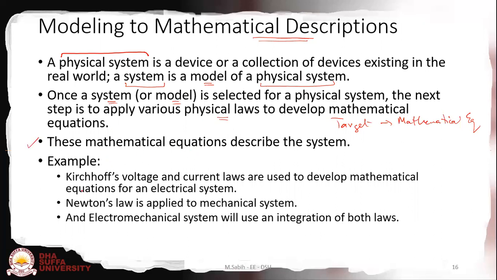For example, again the same example, Kirchhoff's voltage and current laws are used to develop the mathematical equations for an electrical circuit. Newton's laws are applied to the mechanical systems, shaft and others. And the electromechanical systems will use both of them, integration of, for example, a shaft connected with a prime mover.